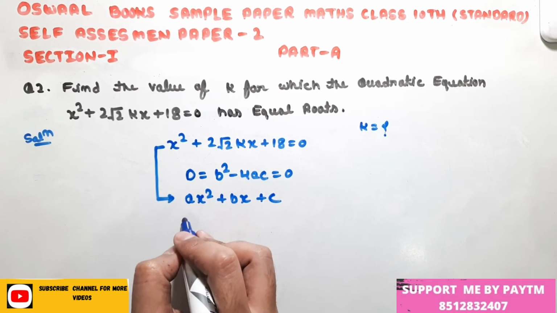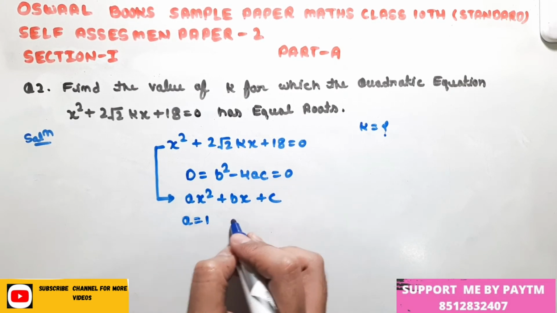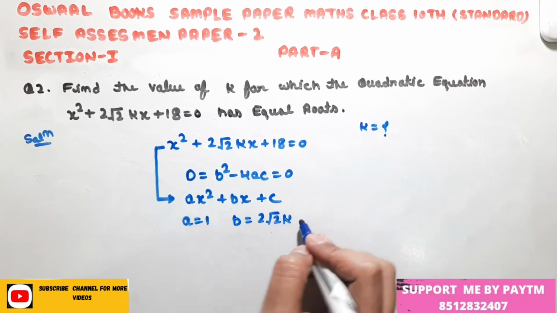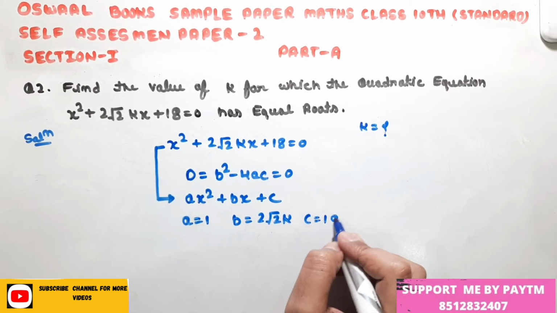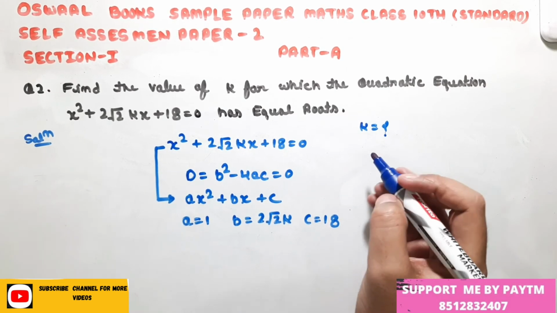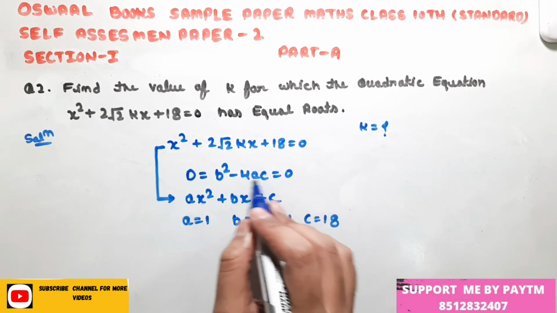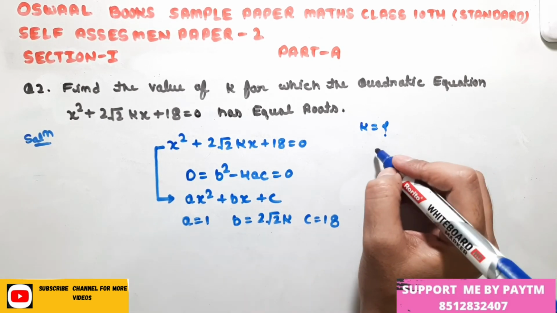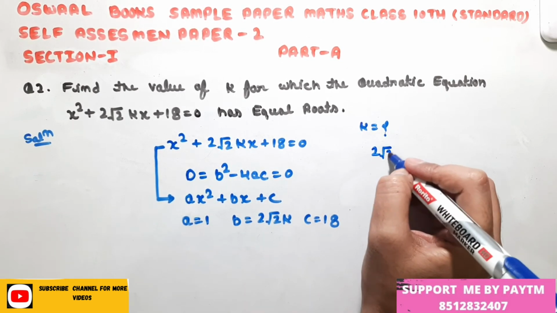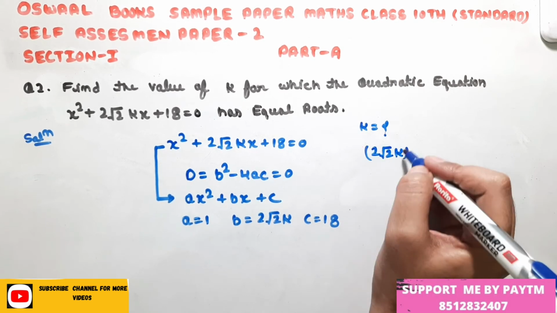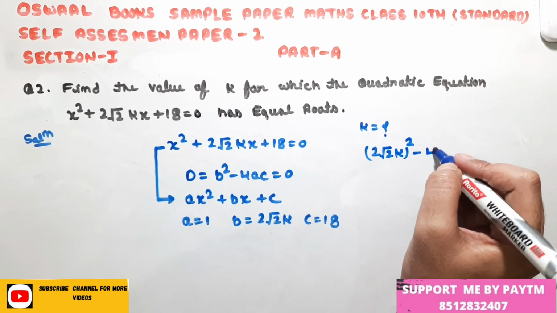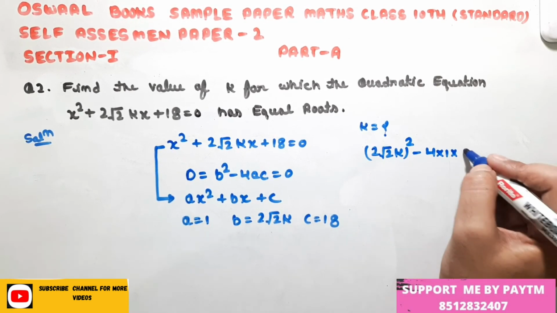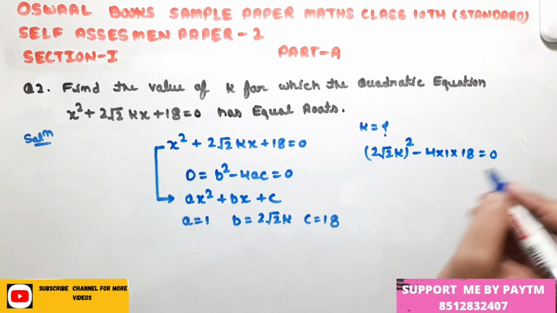So from here a will be equal to 1, b will be equal to 2 root 2 k and c will be equal to 18. Now discriminant D, that is b square minus 4ac. So b is 2 root 2 k. So 2 root 2 k whole square minus 4, a is 1, into c is 18, equals to 0.